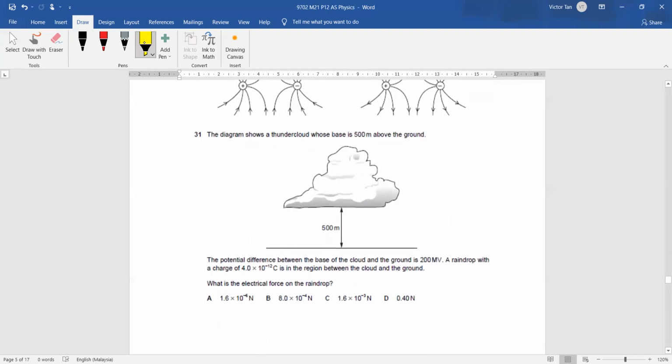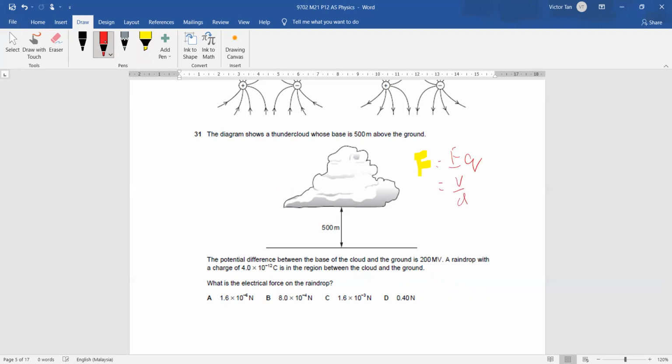The diagram shows a thundercloud whose base is 500 meters above the ground. The potential difference between the base of the cloud and the ground is 200 megavolts. A raindrop with a charge of 4 times 10 to the negative 12 coulombs is in the region between the cloud and the ground. What is the electric force on the raindrop? So force is electric field strength times charge.